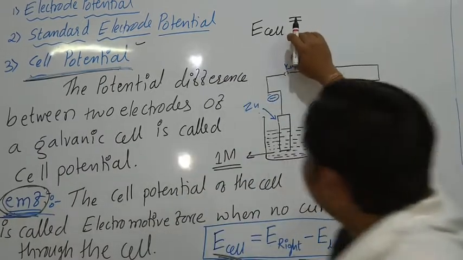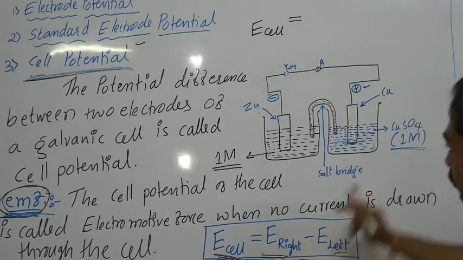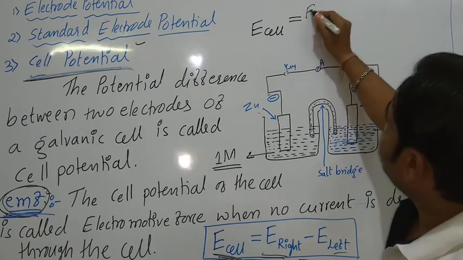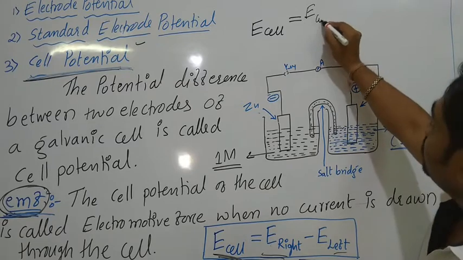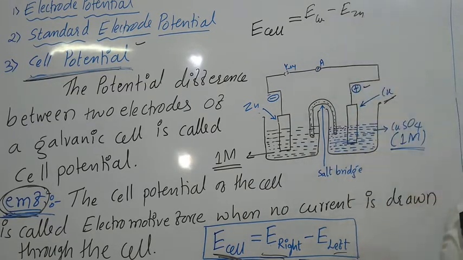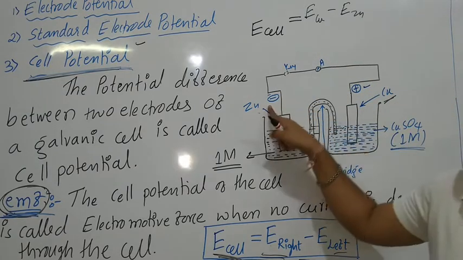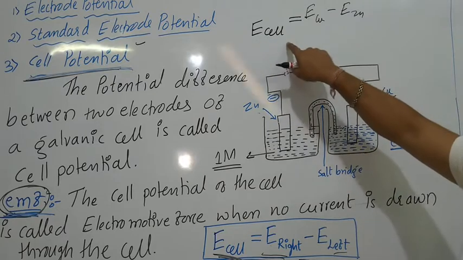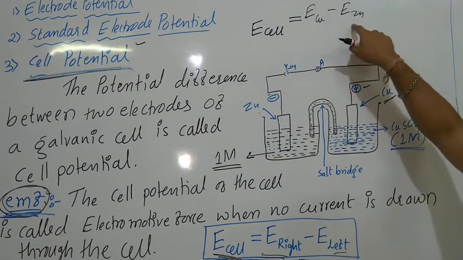E cell for the Daniell cell becomes the electrode potential of the right electrode, E right, which is the copper electrode, minus E left, the zinc electrode. At the right side we have copper, at the left side we have zinc. So E cell is equal to the electrode potential of copper minus the electrode potential of zinc.